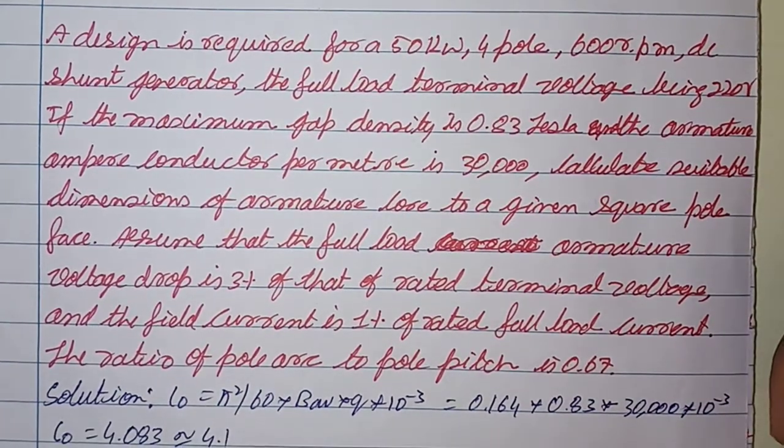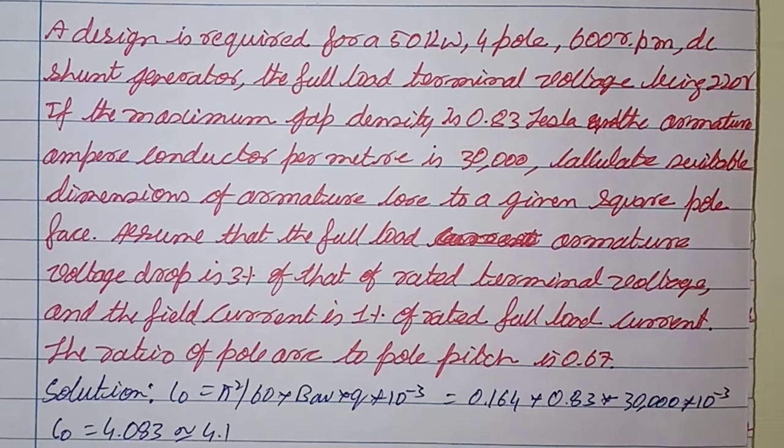So, solution. First we'll find the output coefficient, C naught, which is pi square by 60 into BAV into q into 10 raised to minus 3, where BAV is the specific magnetic loading and q is the specific electric loading.